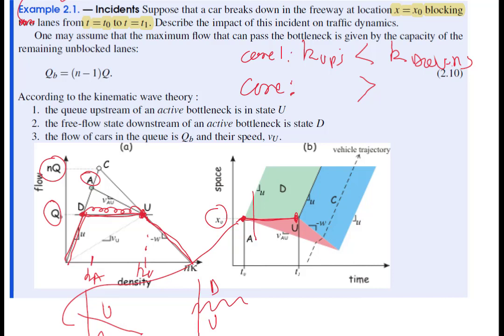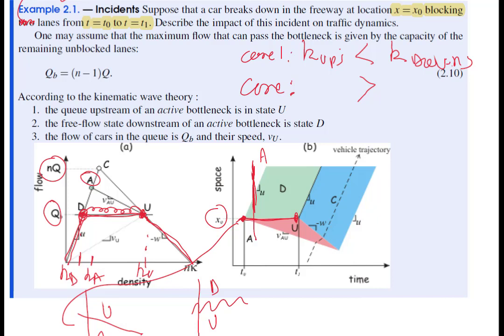Oh, hold on. We forgot one. Yeah, there were four. There's one that goes from D to A, because we said everything that's white is A. So from D to A, you can always draw the same thing, but we have it right here. So D is upstream, and it has a lower density.